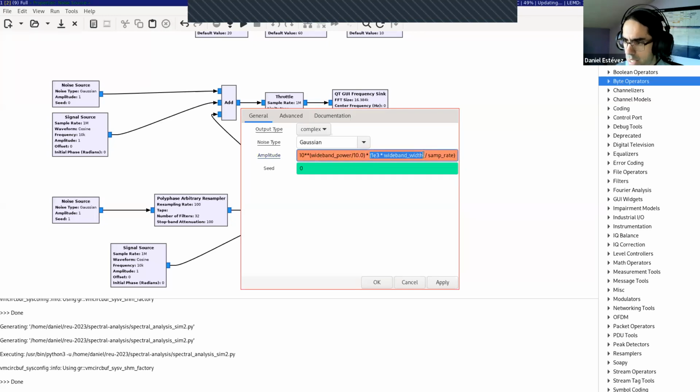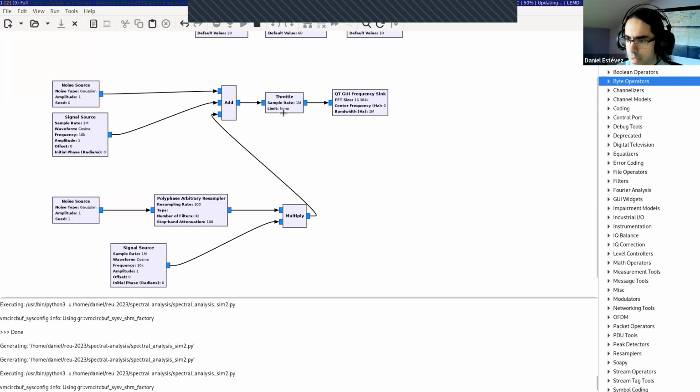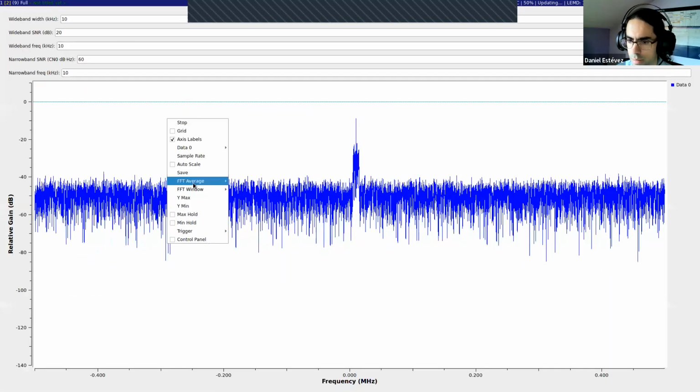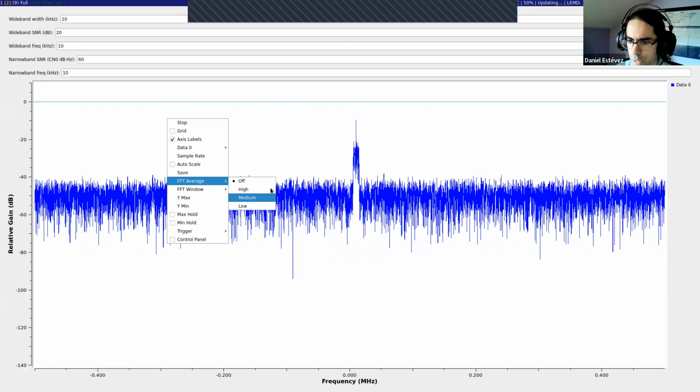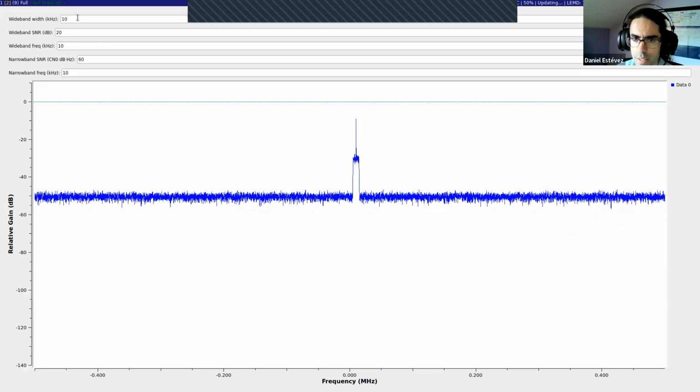And now this is basically how much signal bandwidth we have in comparison to how much total bandwidth we have, because of how noise power scales with bandwidth. And we can see that if we set things to high average, get this out of the way, let me see.